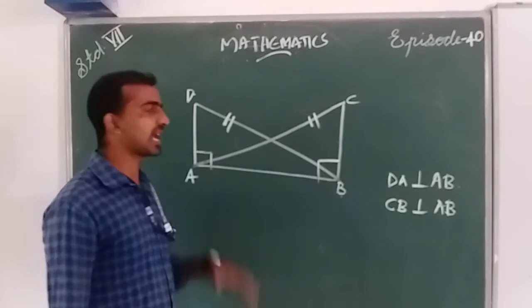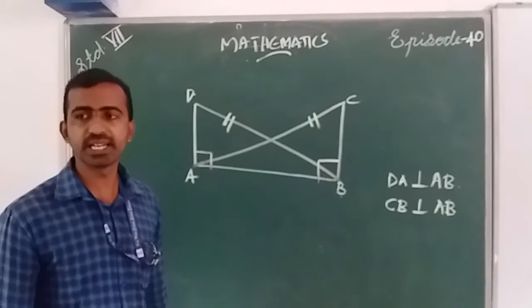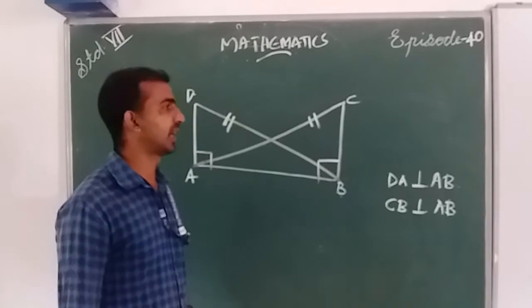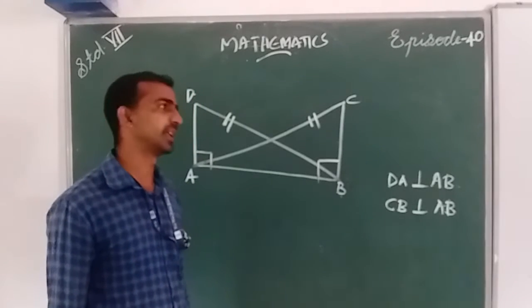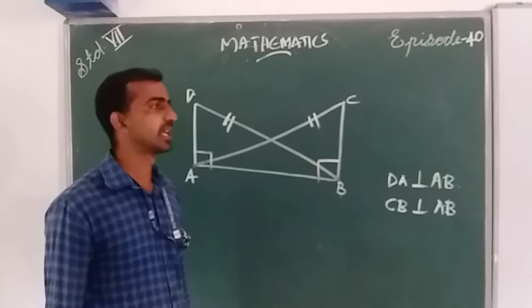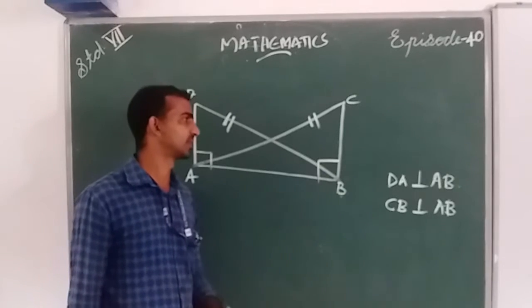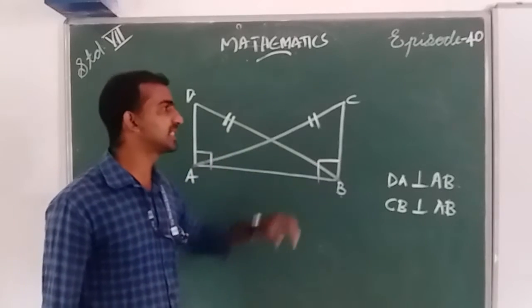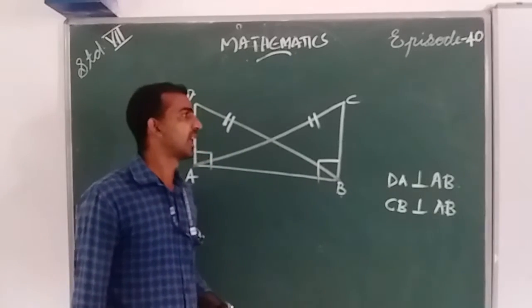That is, this angle A is 90 degrees, and this angle B is also 90 degrees. This is 90 degrees and this is also 90 degrees.